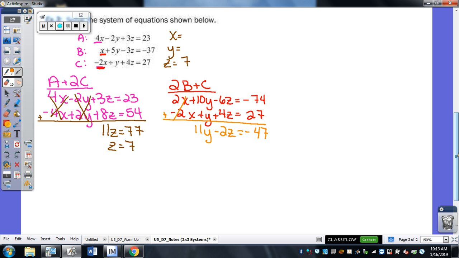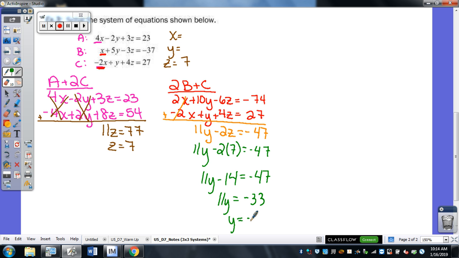So now we already know what z is, so let's go ahead and plug that in. We're going to plug in 7 for z so we can figure out y. So 2 times 7 is negative 14. Add the 14 over. You get negative 33. So y is a negative 3.